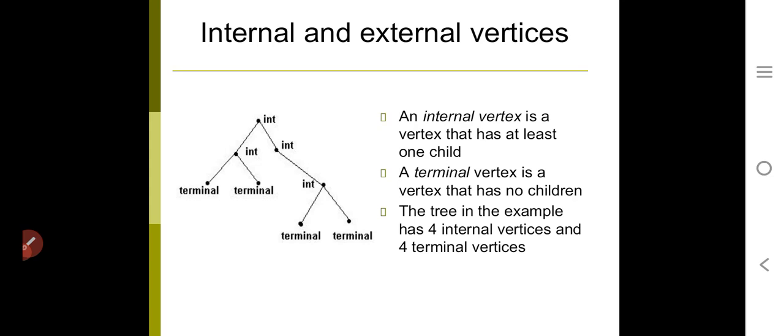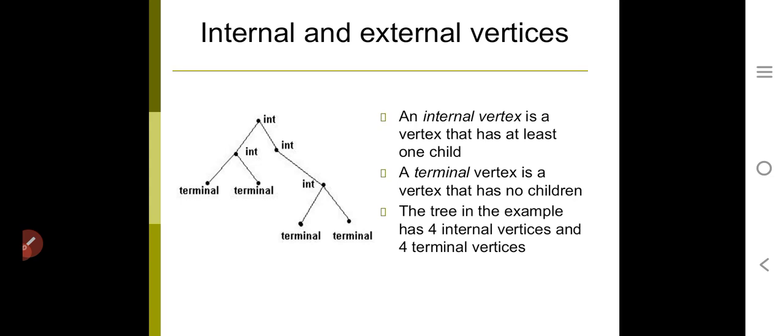Then external vertex. An external vertex has no child. That means it has a degree of only 1. It is called a terminal vertex or external vertex.